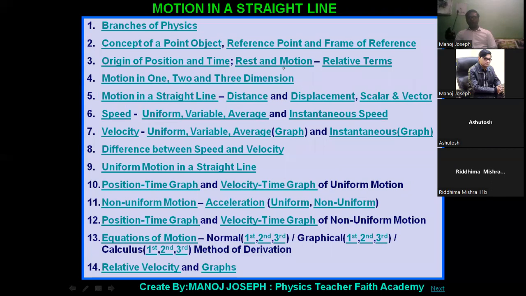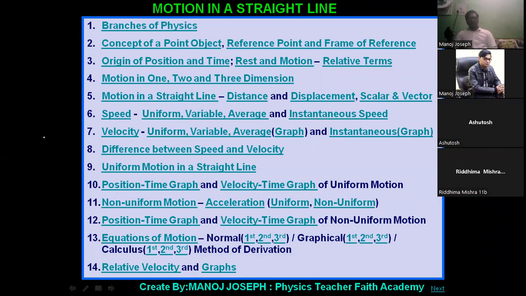Difference between speed and velocity, uniform motion in a straight line, position time graph and the velocity time graph, non-uniform motion, acceleration, uniform and non-uniform, position time graph and velocity time graph of non-uniform motion, and the equations of motion.